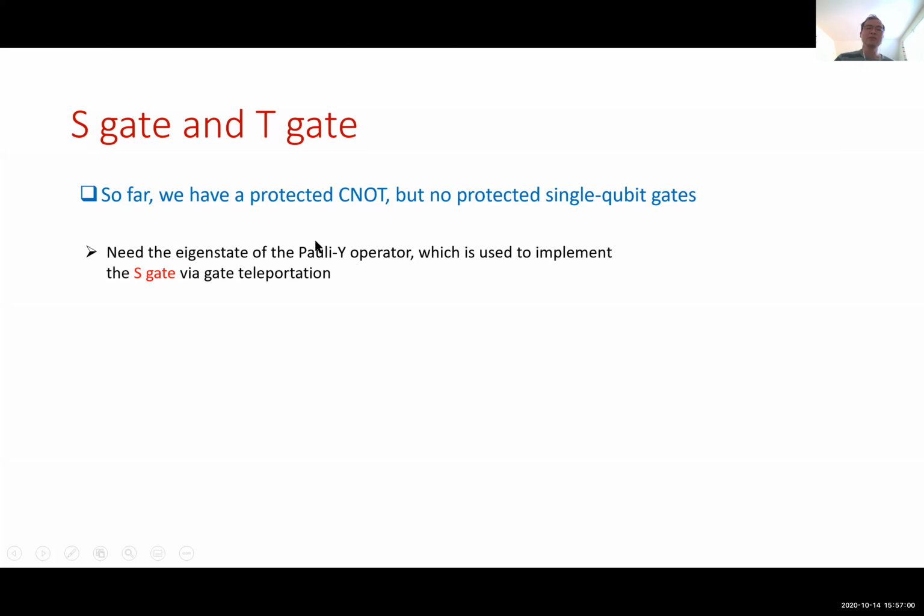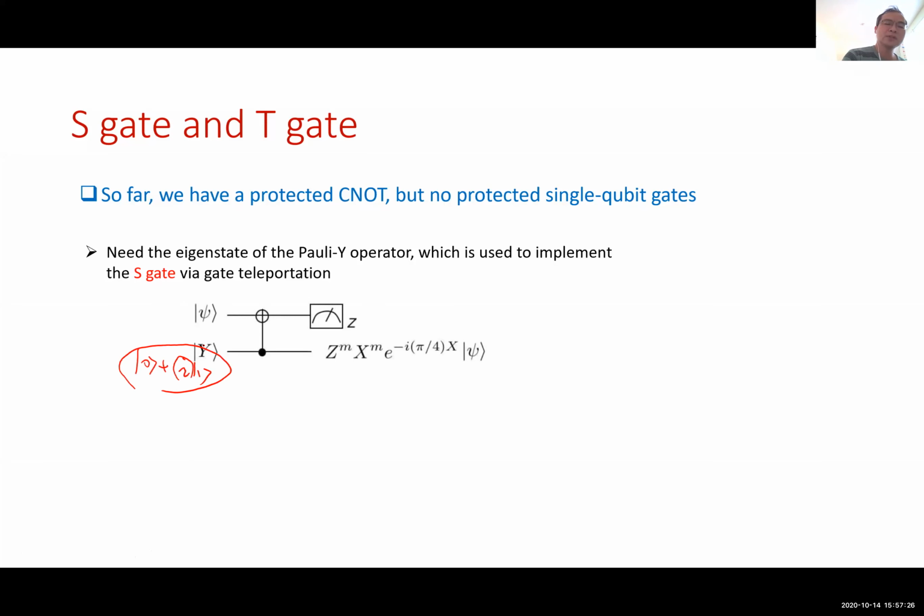But the magic state that we need, for example, if we want to have an S gate, what we can do is to create an eigenstate of Pauli Y. That would allow you to get the phase. So this would be just 0 plus i 1. If you have that state, this would allow you to have a phase gate. Okay, but this is in the X basis.